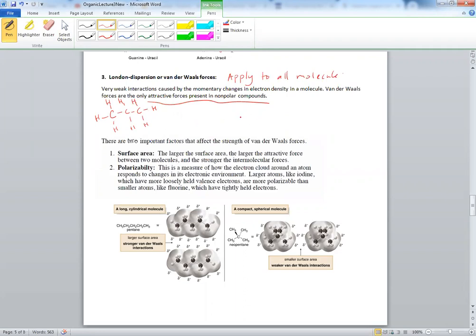What makes it possible? Well, I'll give you a simple review from Gen Chem. If you have an atom, let's just look at a simple atom, with the nucleus here in the middle, I'm going to use a square so you can see the distinction here.